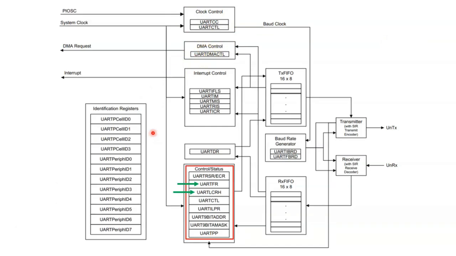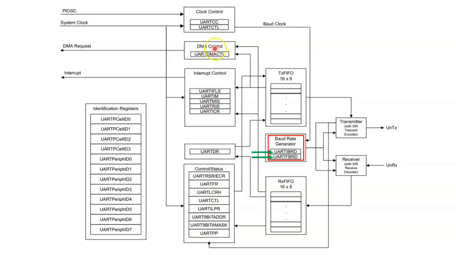Next, I want to take a look at the control status part, which is this bit here. And I just highlight the UART flag, which is the UARTFR, and then the UART line control register, which is the UARTLCRH.